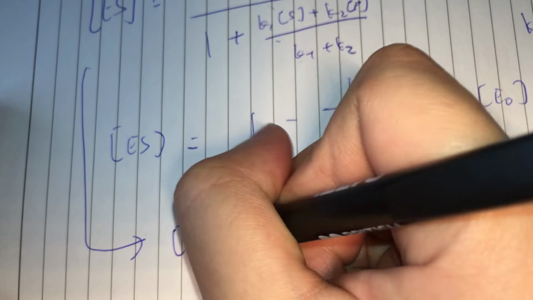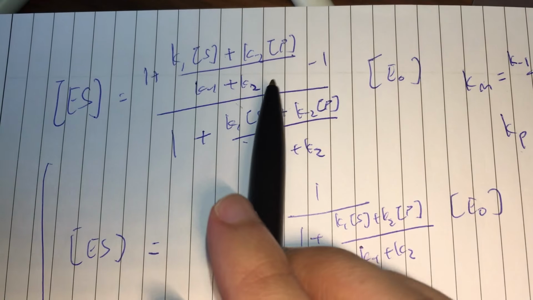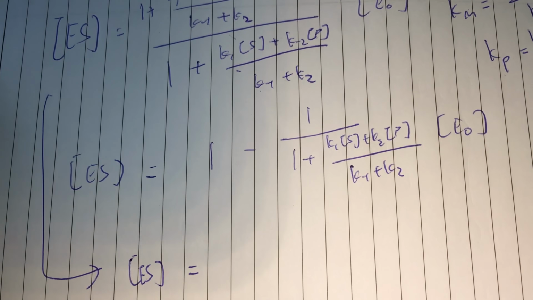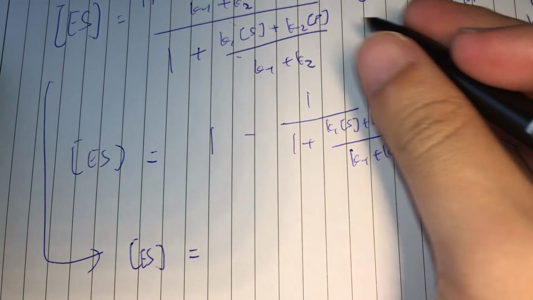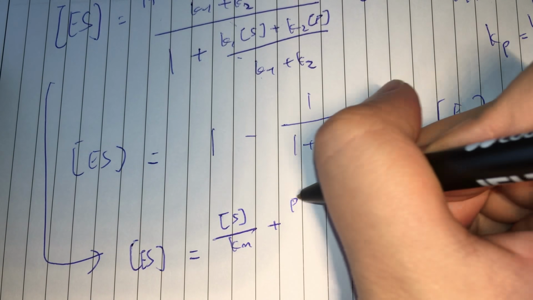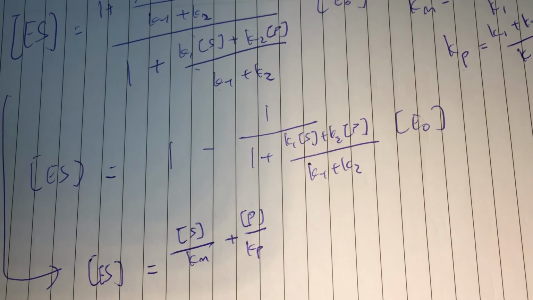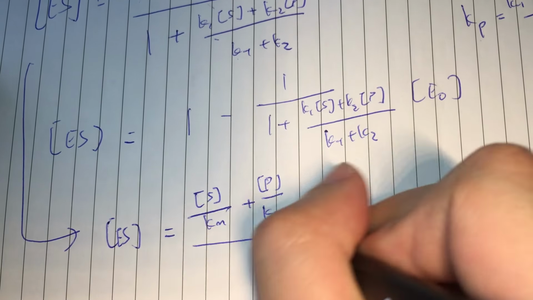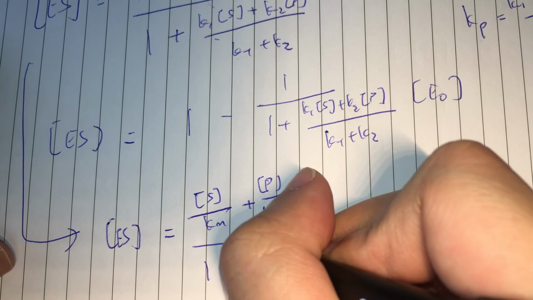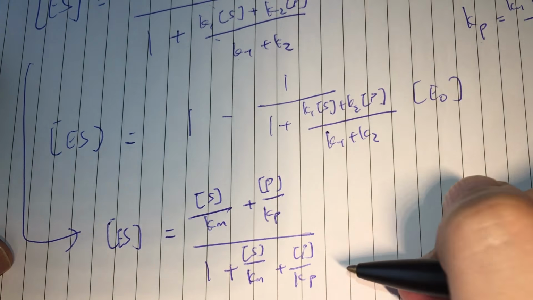So we have ES equals, I'm just going to do it without the 1 and minus 1, so let's just have S over Km plus P over Kp, and that will be over 1 plus, again, S over Km plus P over Kp.